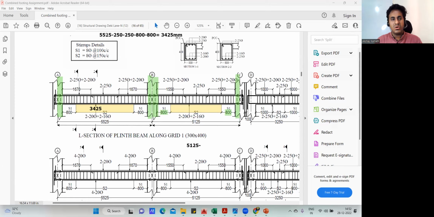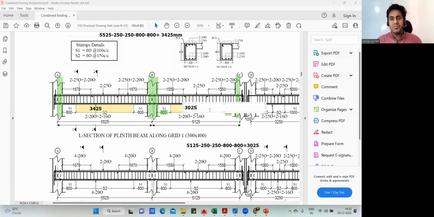I'll get the center. Got it now? So 5125 minus 250 from the left side, minus 250 from the right side, minus 800 from the left side, minus 800 from the right side. Tell me how much you'll get. So it will be 5125 minus 500, minus 1600. So I'm getting 3025. So this length is 3025.